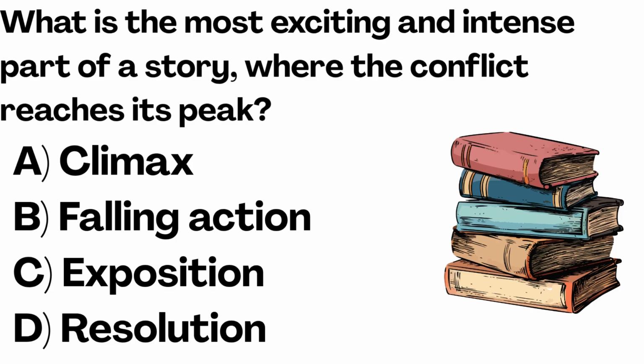What is the most exciting and intense part of a story where the conflict reaches its peak? The answer choices are climax, falling action, the exposition, resolution. The correct response is climax.